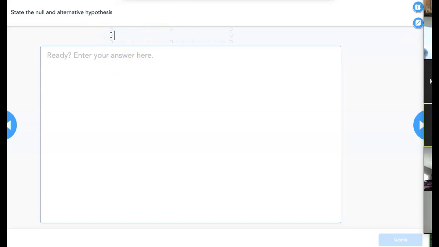Maybe I should do it here. Okay, this is a proportion, so we're going to use P. And here we're going to write it as a proportion because we use proportions in the calculations, in the calculation portion of the statistical test.